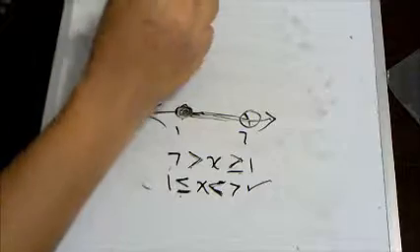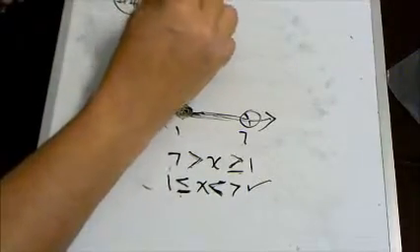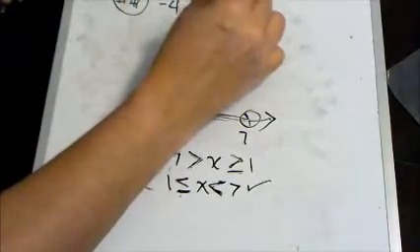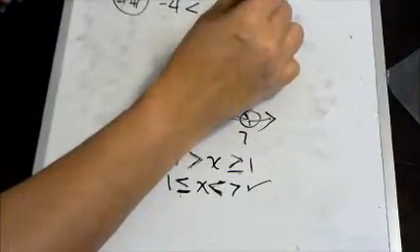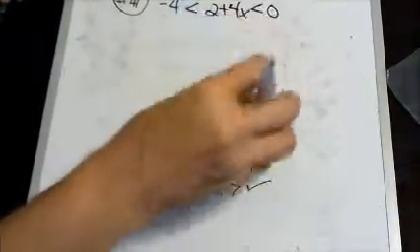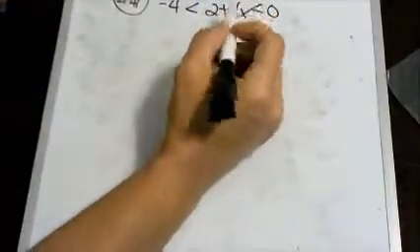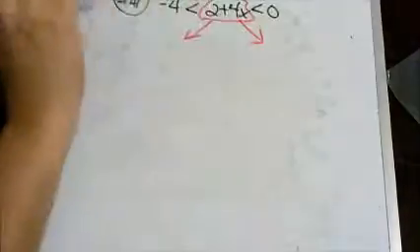For number 41, we have a -4, 2 plus 4x. There we go. Okay. Again, we're going to take this middle part, put it here and here.